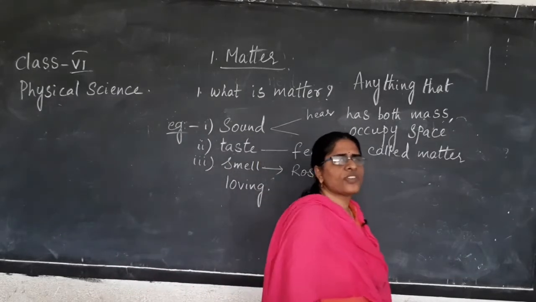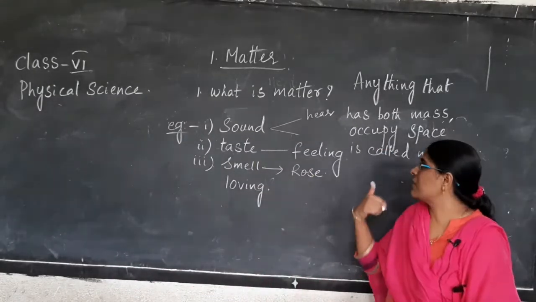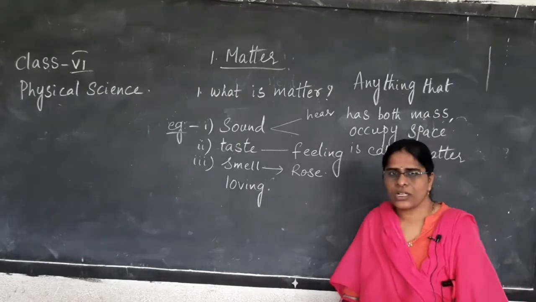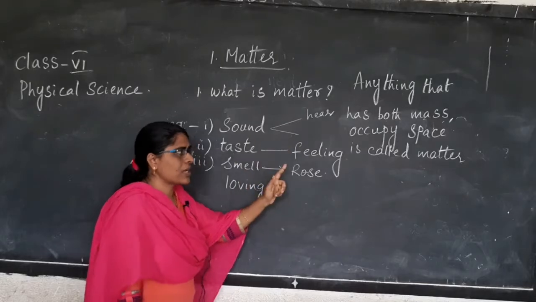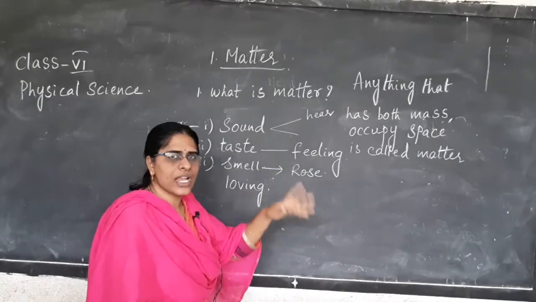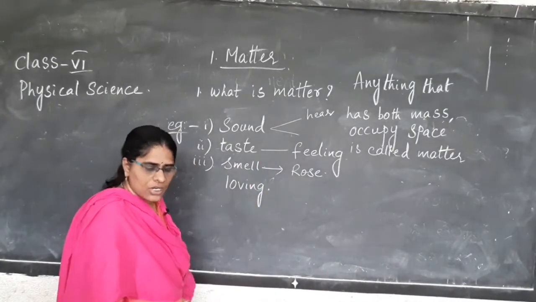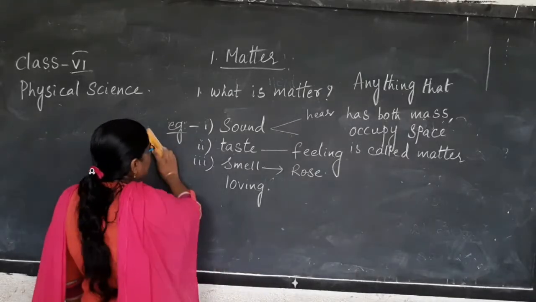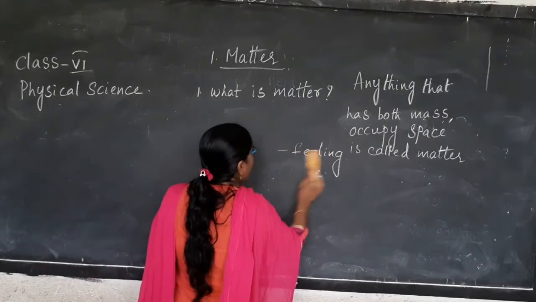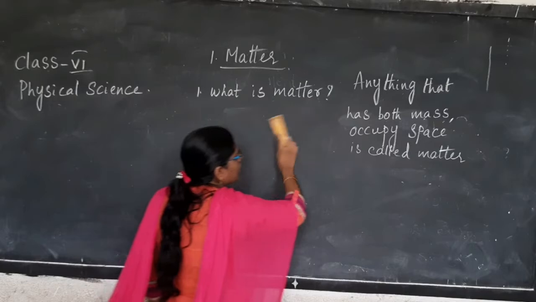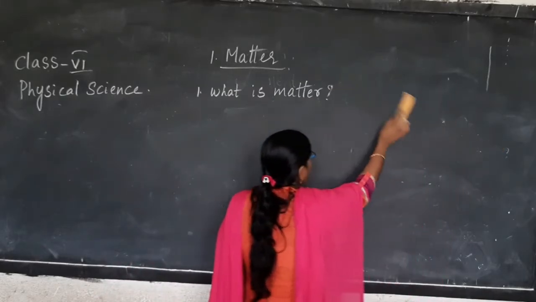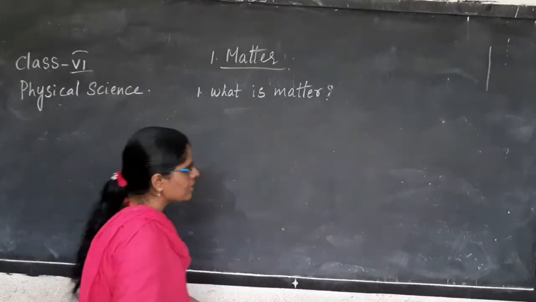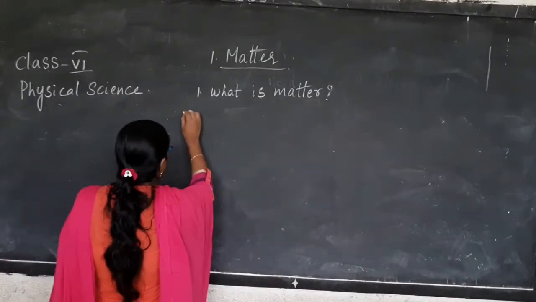Now after learning about matter, as we said, matter is that which has mass and occupies space. Next we will learn about an activity, a simple activity you can do at your home.